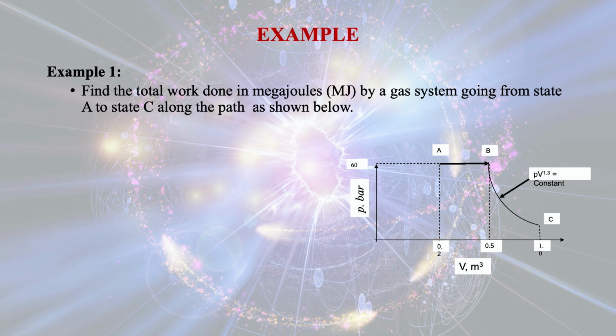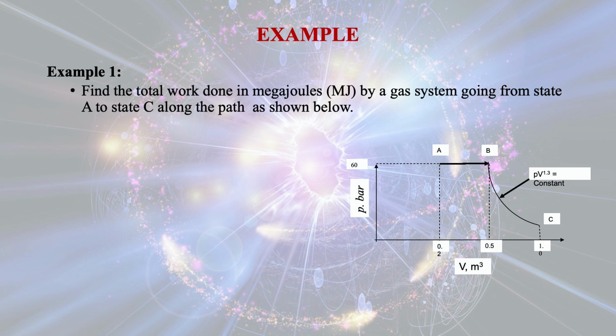The process occurs from A to C, but let us first read what the problem is telling. Find the total work done in megajoules by a gas system going from state A to state C along the path as shown in the figure. You see from A to B, it is a constant pressure process.